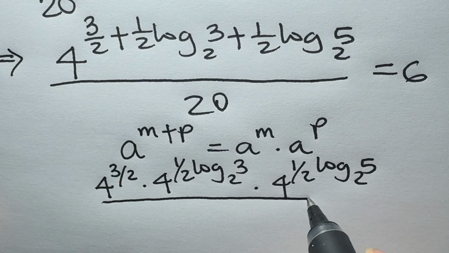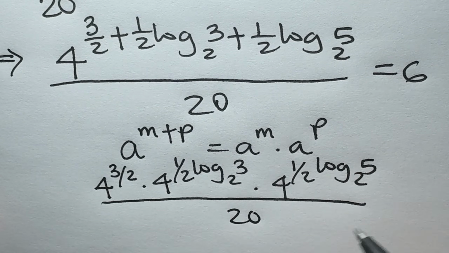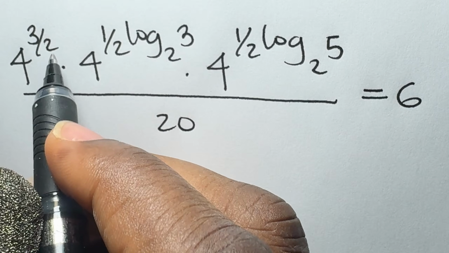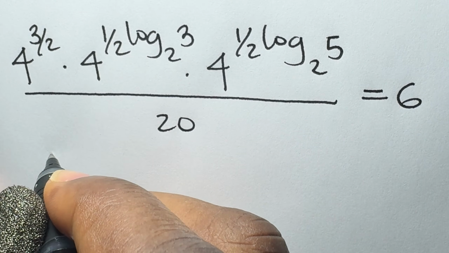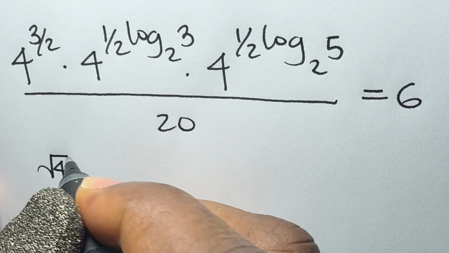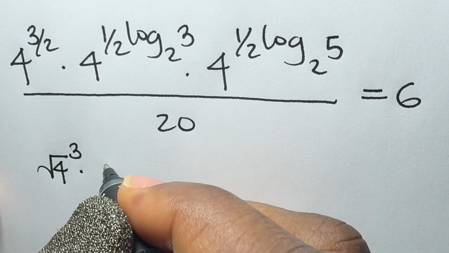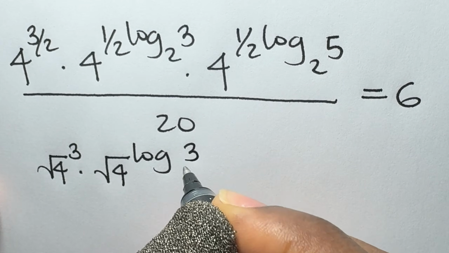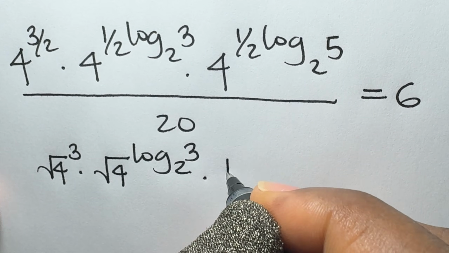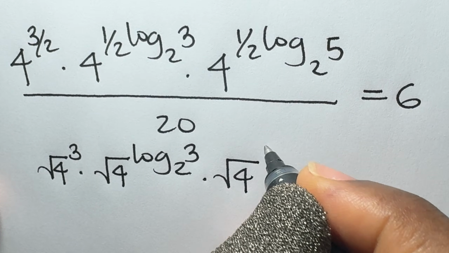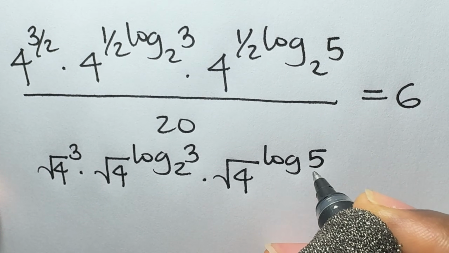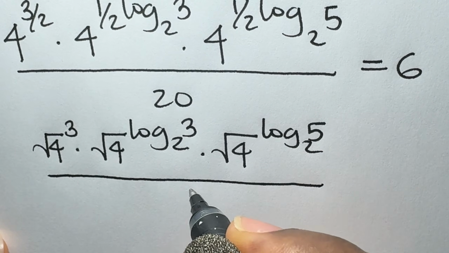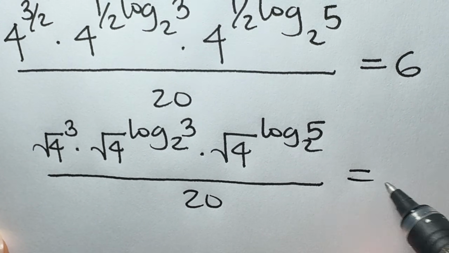All of this divided by 20 should give us 6. 4 raised to power 3 over 2 simply means square root of 4, then raised to power 3. Here also square root of 4 raised to power log 3 base 2 times square root of 4 raised to power log 5 base 2, all of which is divided by 20 and equal to 6.